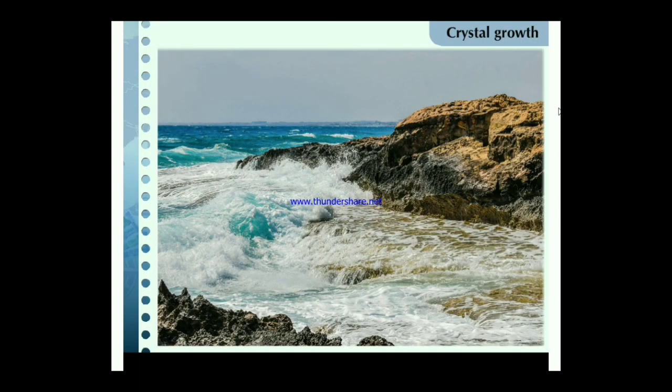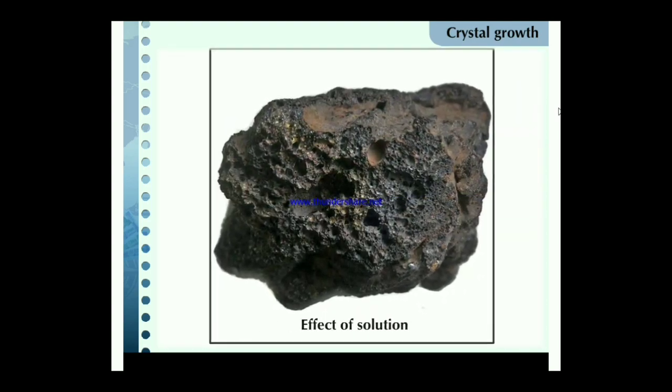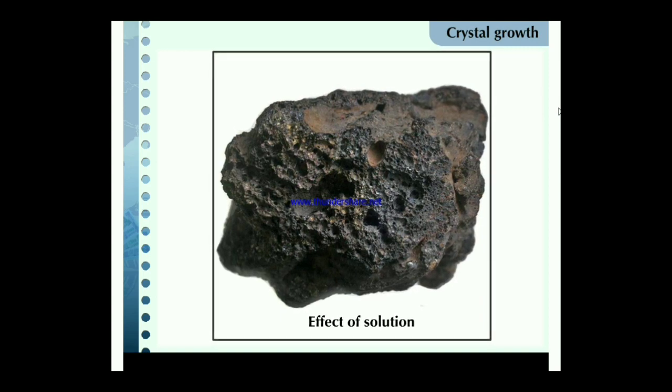Crystal growth. In rocky coasts, waves hit the sea cliff. The water is alkaline. Some water droplets hit the cracks in the rocks. In this alkaline water, the soluble materials in the rock get dissolved. This leads to the formation of small holes in the rocks. This is the effect of solution.